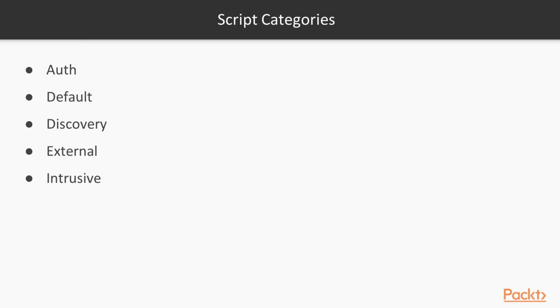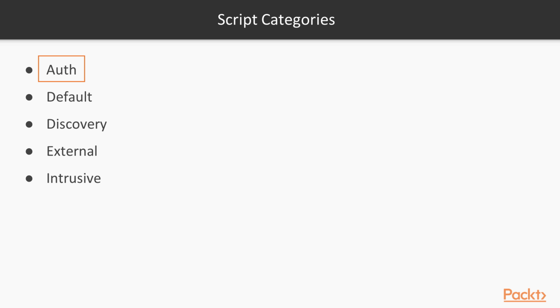These scripts, as I mentioned, come in a bunch of different categories, including default. Every script that's included and every one that you write should be defined in any number of script categories. So you can have it added to a couple of these categories depending on what it does. And if it's supposed to be something that's run when you execute -sC, then it would be defined as the default category.